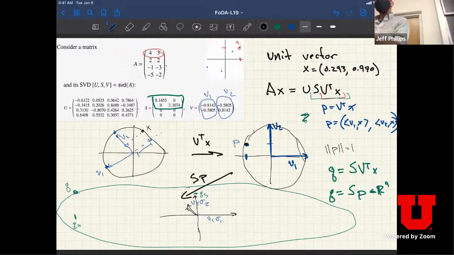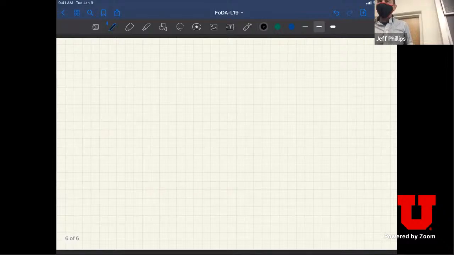All right, so let me talk about rank K approximation. Let's bring this back to solving the best least squares dimensional reduction problem, and we're almost going to get there today.